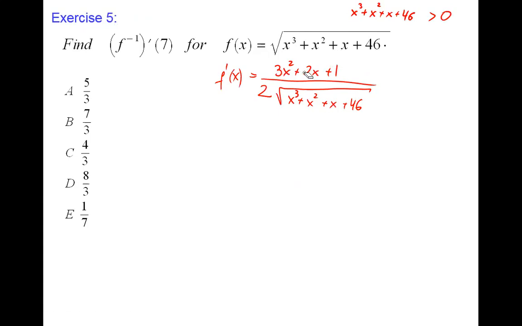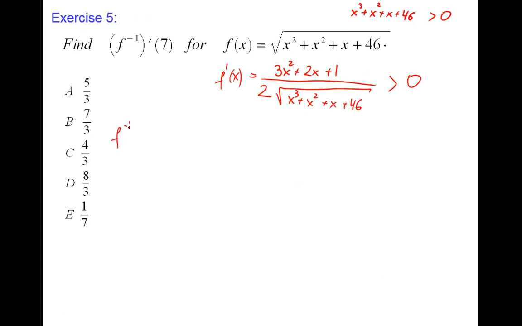Am I correct? It's just a parabola sitting somewhere like that, which means it's always positive. This is positive, this is positive, so the whole derivative is positive for all of the numbers in the domain, which means the function is strictly increasing. Okay, strictly increasing.